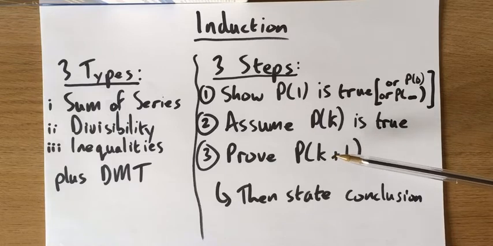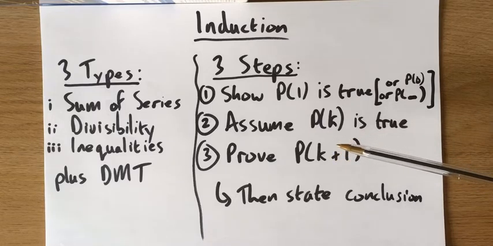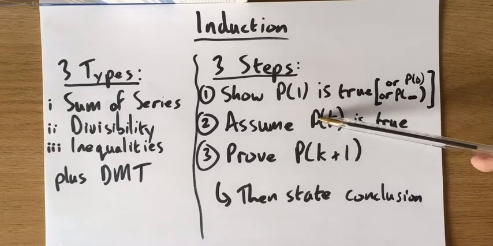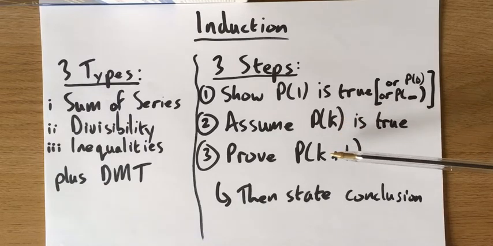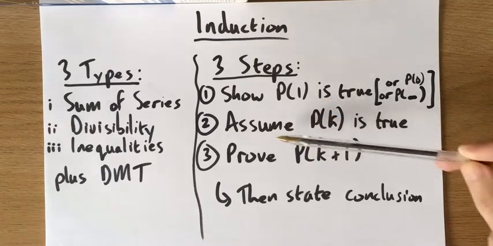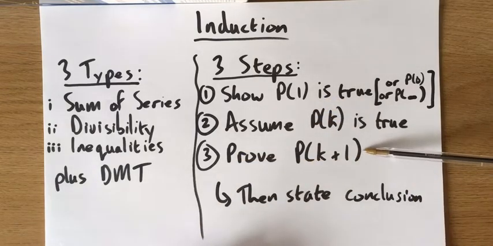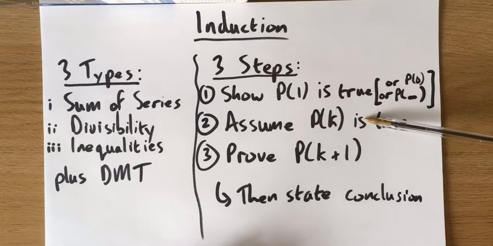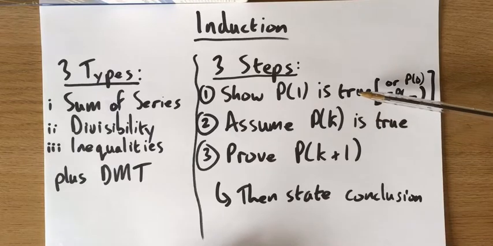That might seem a little bit convoluted, that you're assuming this is true and then using that to show the next step is true. But if you think about it, let's say you're proving some step is true if the previous step is true, and you have also shown that the first step is true.